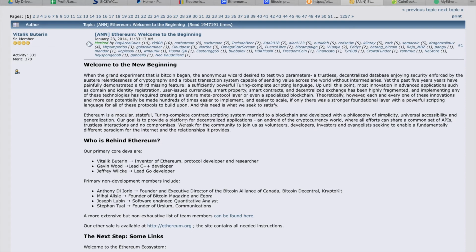It's a contract scripting system married to a blockchain and developed with a philosophy of simplicity, universal accessibility, and generalization. Our goal is to provide a platform for decentralized applications, an Android of the cryptocurrency world where all efforts share a common set of APIs, trustless interaction, and no compromises.